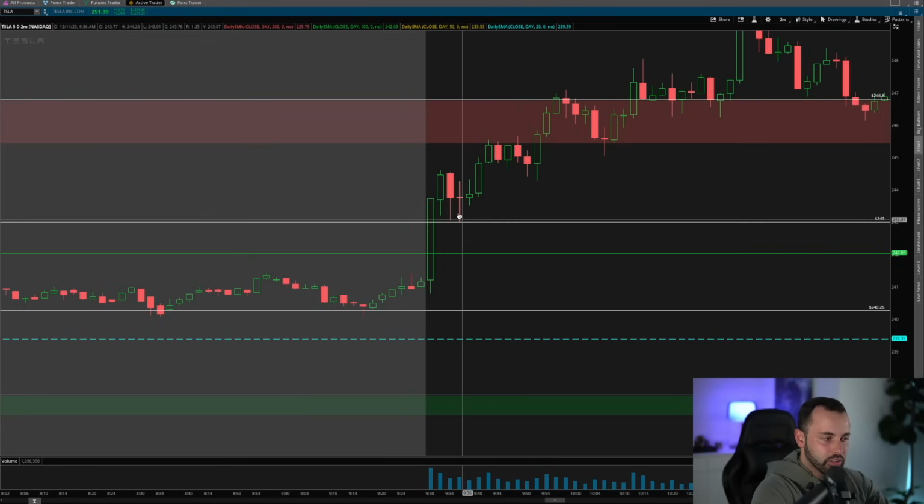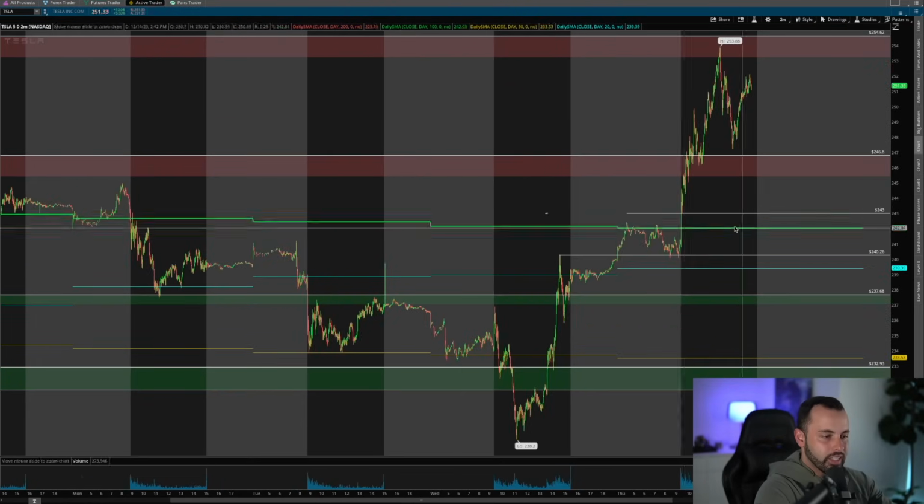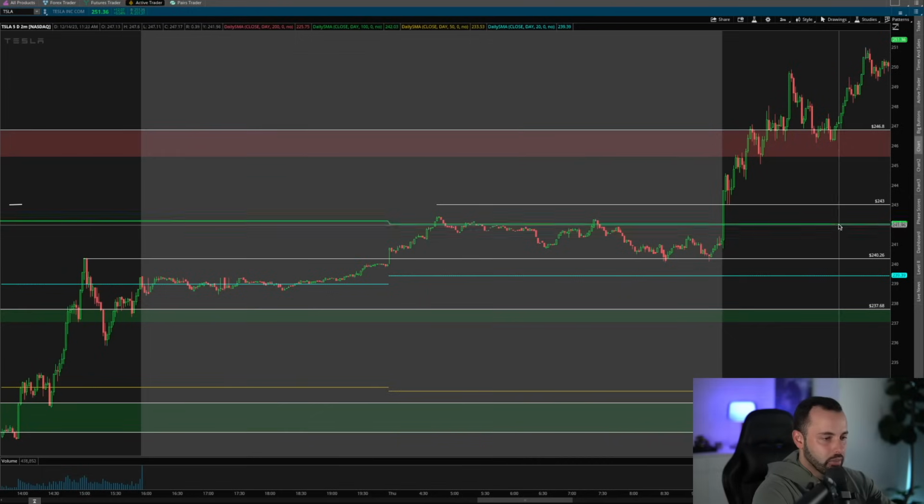The wicks were showing me that demand was stepping up. And if I do enter my longs here, I could use that 243 as my stop, or I could even look to see if I do get my pullback and I could add into this position. Now, the reason why I have the liberty of adding into this position, if I could get my original game plan to still set up, I would love it, right?